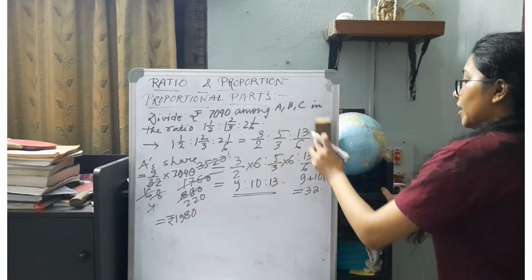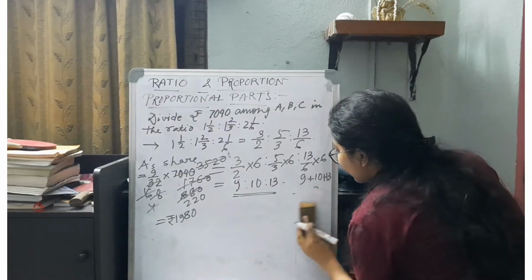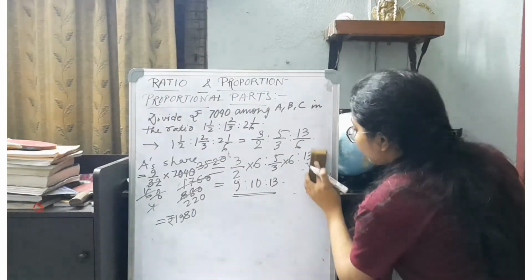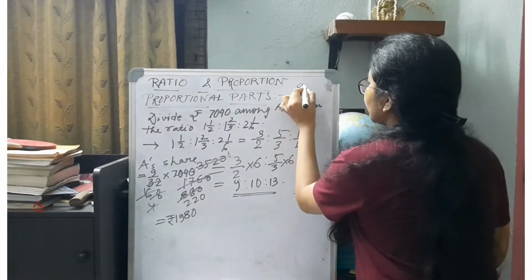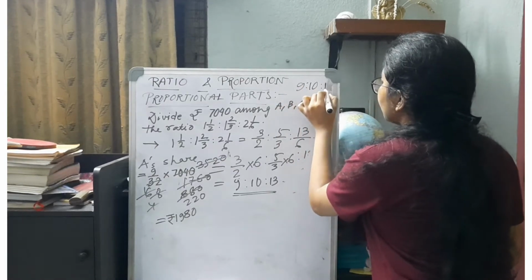I am just rubbing off this side and calculating B's and C's share, just noting down the ratio over here, 9 is to 10 is to 13.